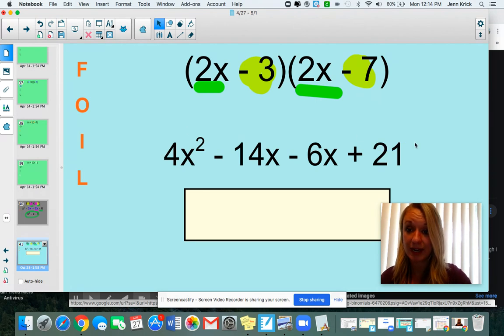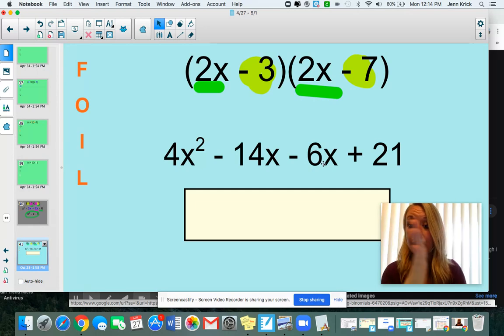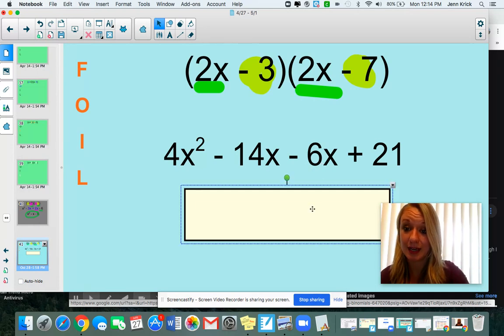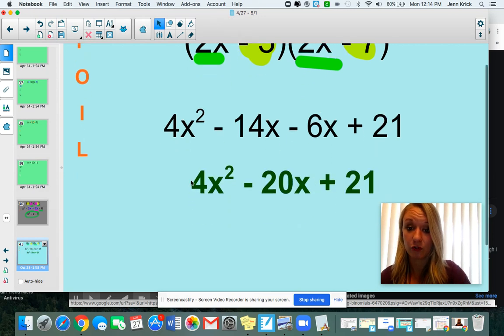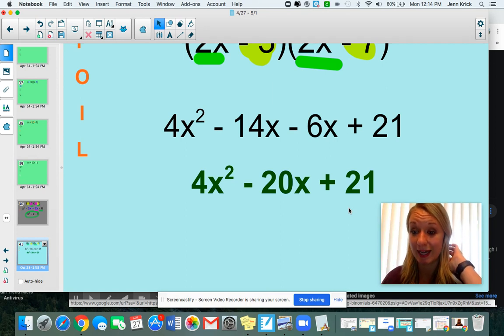Okay, we multiplied it out and got our 4 terms, but remember that we need to consolidate and combine like terms whenever we can. So -14x, take away another 6x, brings me way more negative to -20x, and here is your final answer. 4x squared minus 20x plus 21. And you can go one step further and tell me that this is a second degree trinomial. You could also tell me that it is quadratic based on the degree of 2.